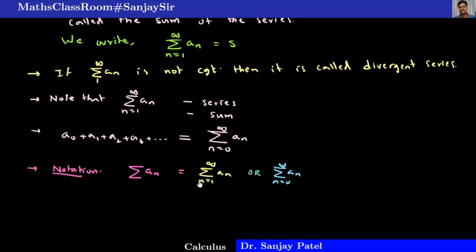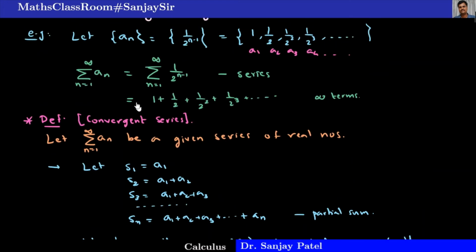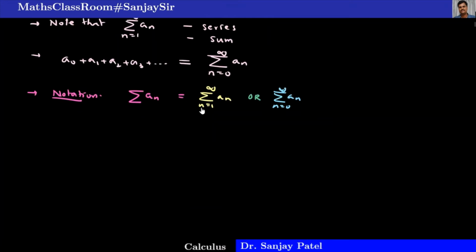Okay, now let us recall the first series which we have considered, that is sigma 1 upon 2 raised to n minus 1, and check whether this series is convergent or not. Okay, so let us discuss the convergence of that series.